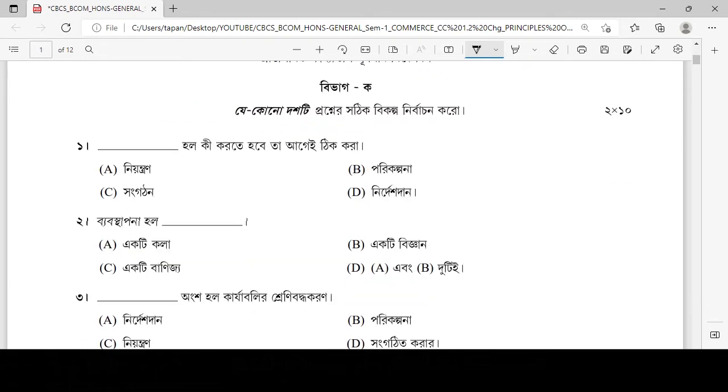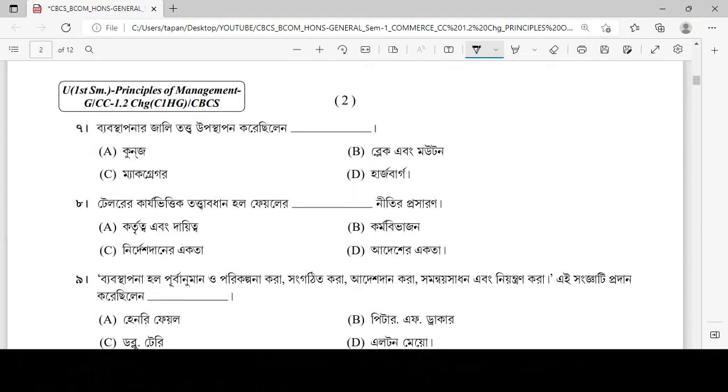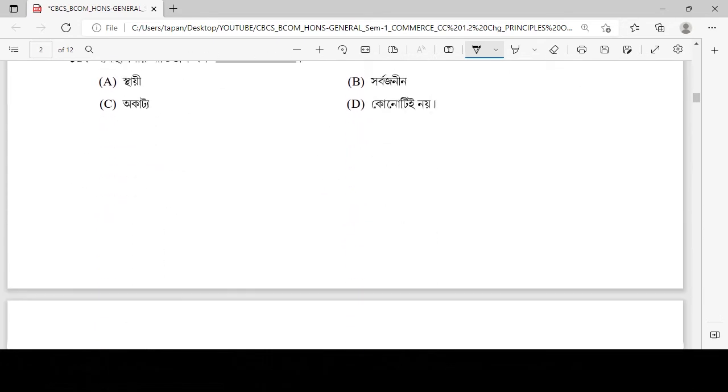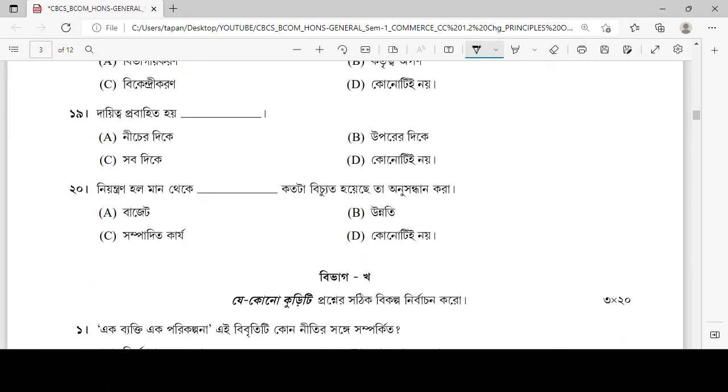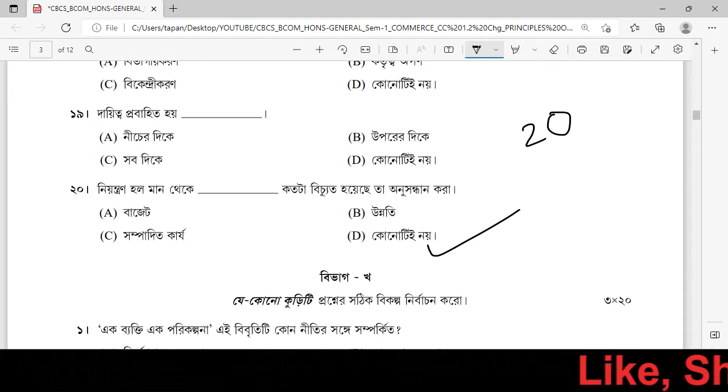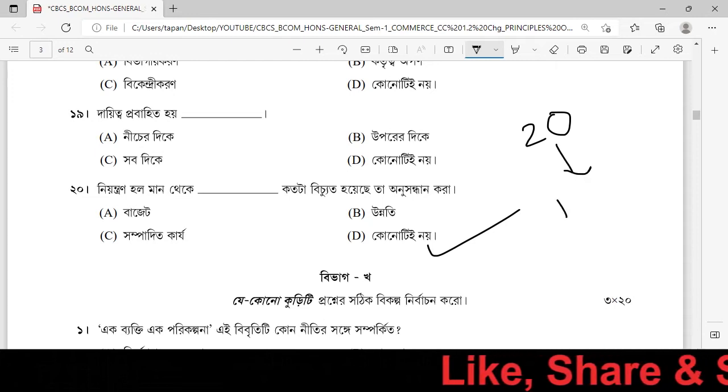It is divided into two parts. One part consisting of 20 questions. Look at the question, then you will get the idea. Out of these 20 questions you have to solve only 10 questions.